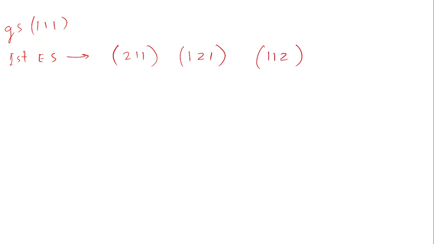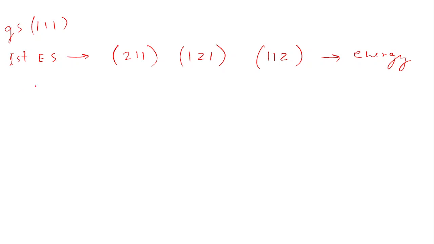This will be the excited state, but it could be any one of these three. These all three will have the same energy, and that's why they are called degenerate, because these three different states have the same energy. When we calculate, we will see all these three give the same energy value. For the first excited state, we can consider any of them.